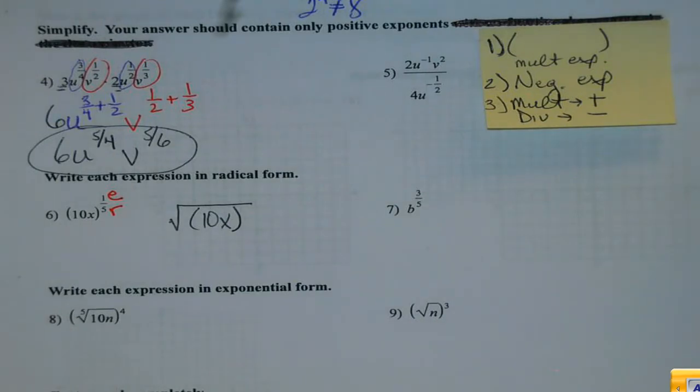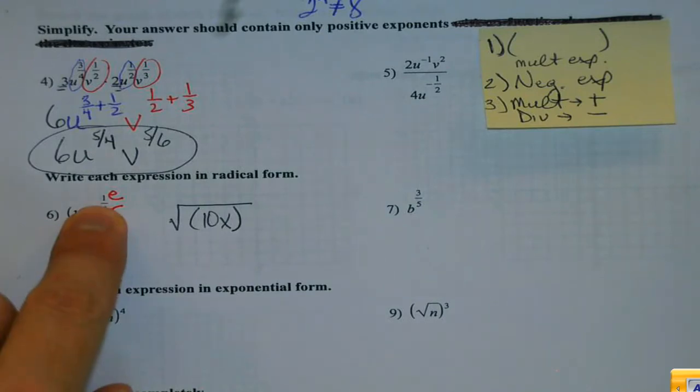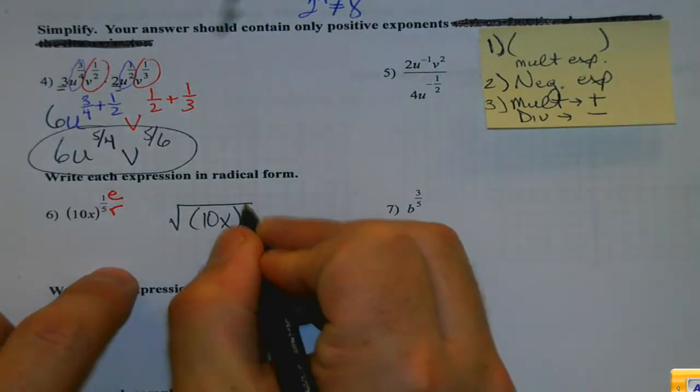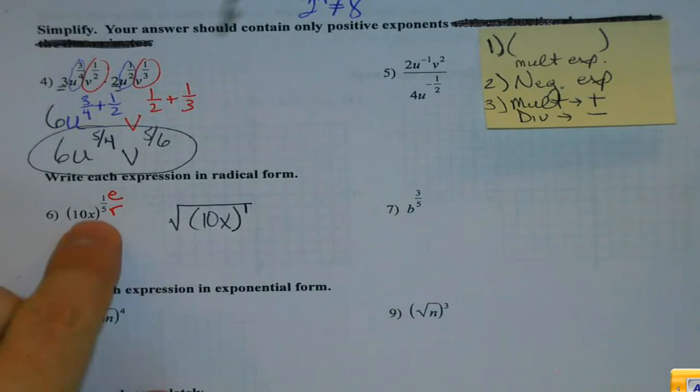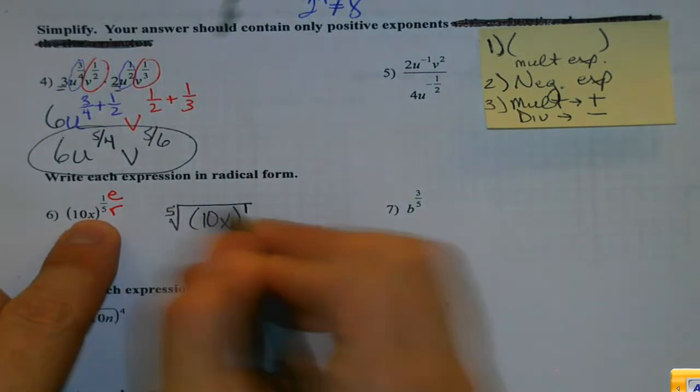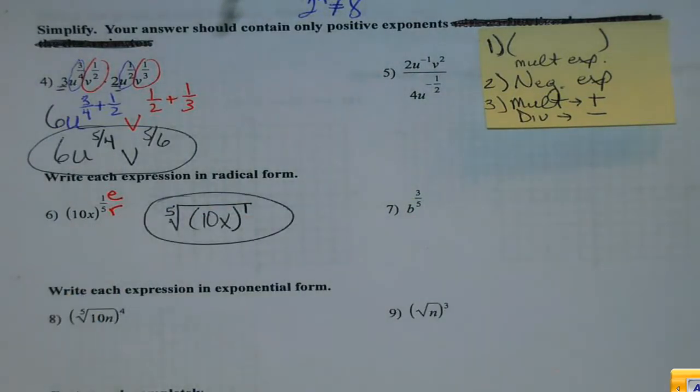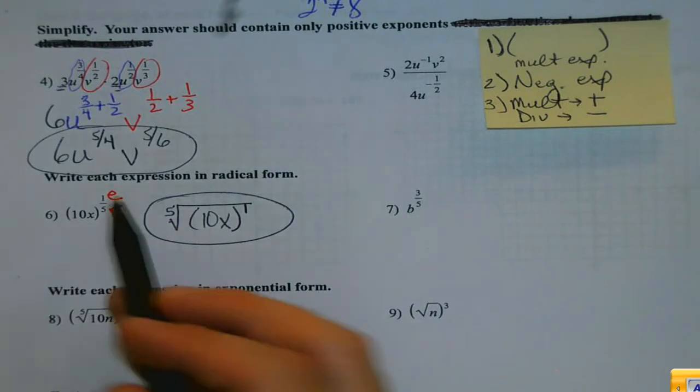So on number 7 tomorrow, it'll be b that goes under there. The number on top of my fraction is my exponent. The number in the denominator is my root. That's it. Nothing to simplify, nothing to reduce, nothing to fix, nothing to calculate, just rewriting it. Okay, and remembering that exponent over root.